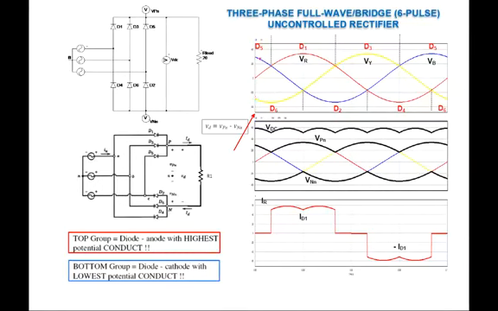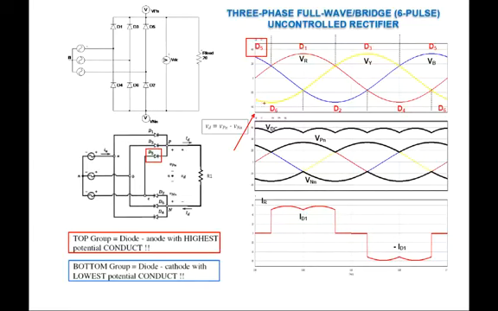So that means during this 0 degree, the blue phase voltage will be at its highest potential. Therefore, you're going to see that D5 here will be on. So that's why in that region, you're going to have D5 on, right? At the bottom group here, you're going to see that the yellow phase voltage is actually at its lowest potential.